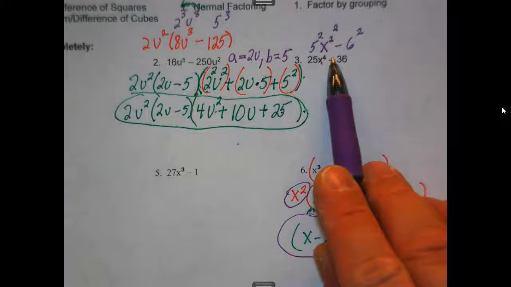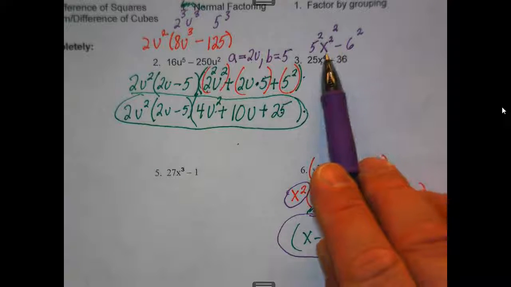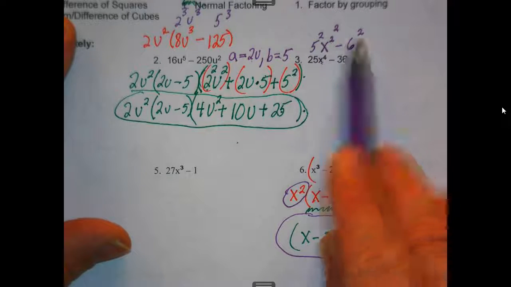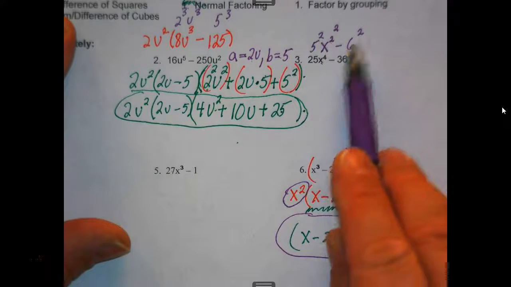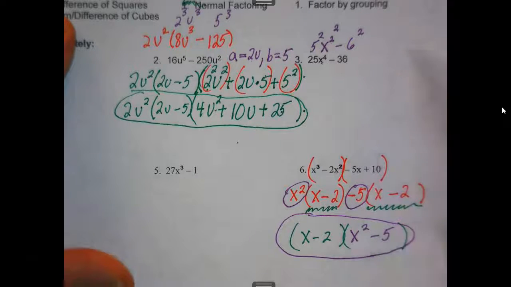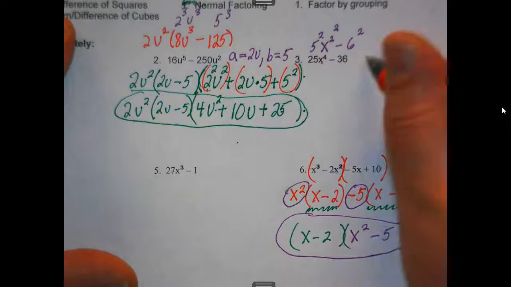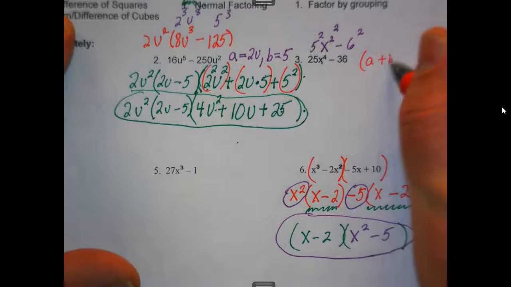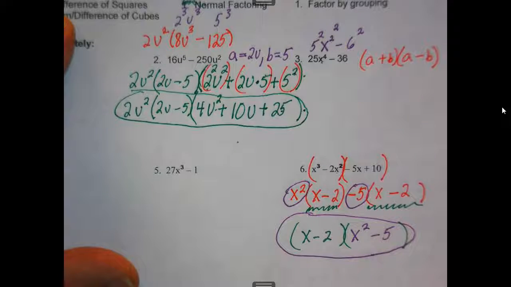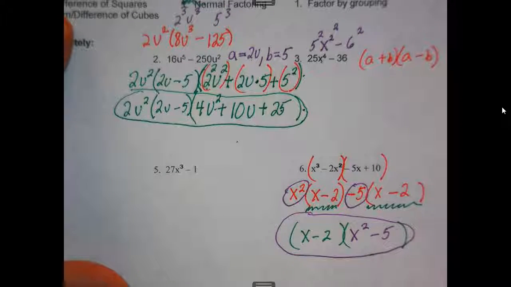All right, so I have a difference of squares, because these are all perfect squares. 5 squared, x squared, and 6 squared. Okay? So this is going to be a plus b and a minus b, right? Difference of squares. I'll give you these formulas for the quiz Thursday.